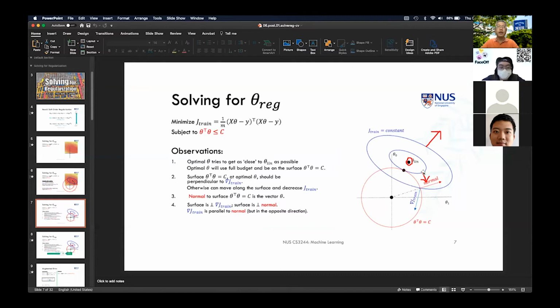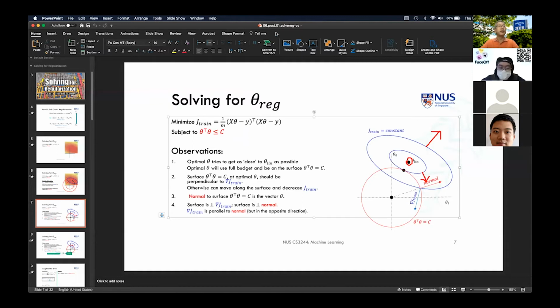So it's going to be pointing in the direction where the loss function is increasing. That's what the gradient is. So we want the one that we optimize to be pointing inwards, right? So it should be the negative of the gradient. Does that make sense? Yes, I understand now.